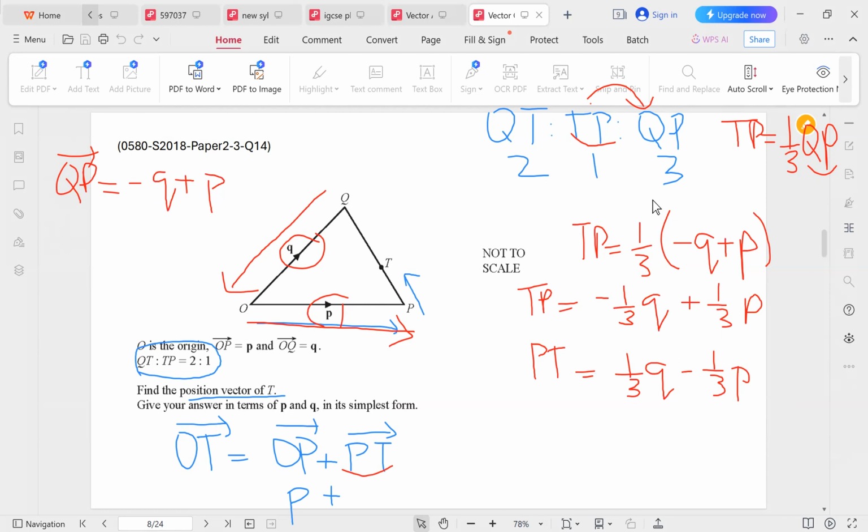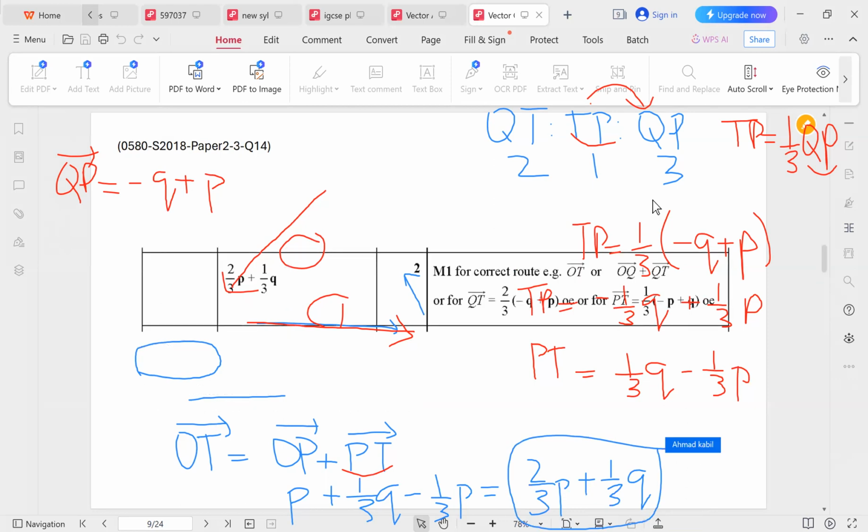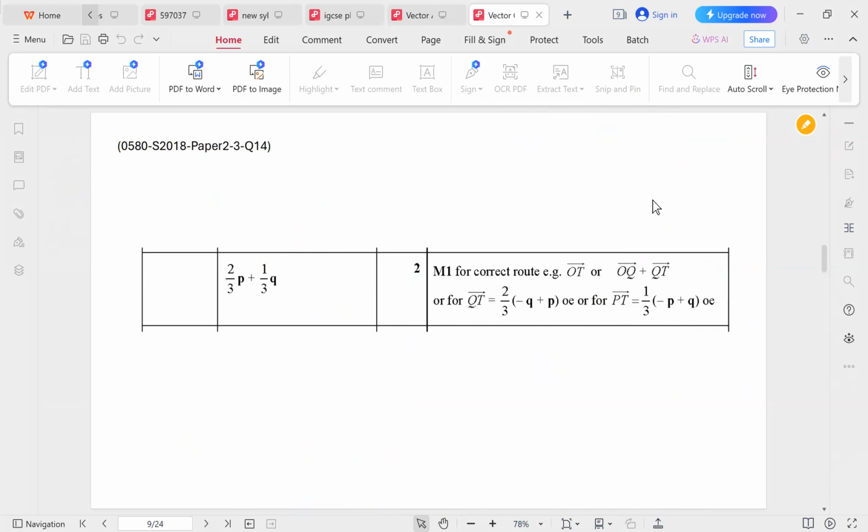So we have P plus 1 over 3 Q minus 1 over 3 P. And that gives us 2 over 3 P plus 1 over 3 Q. And that would be the final answer for this problem. And it is the correct answer, thankfully, here.